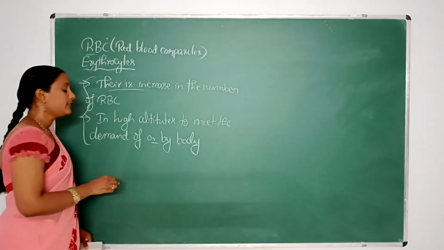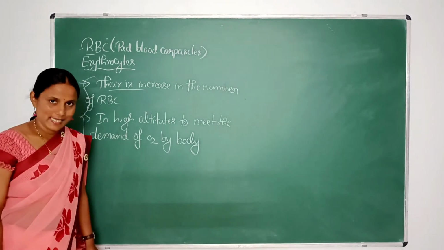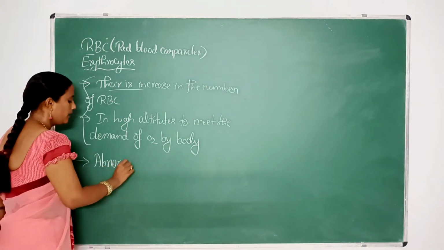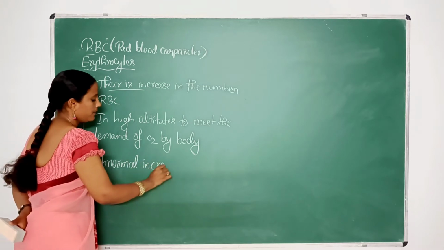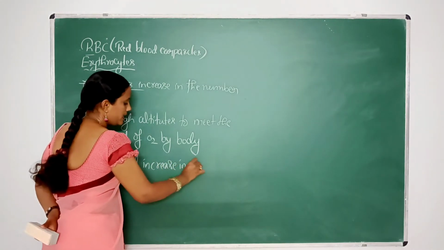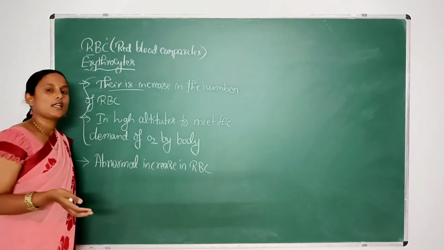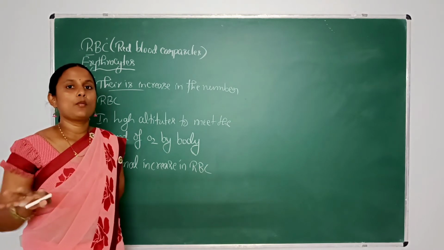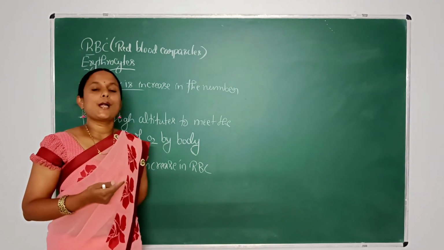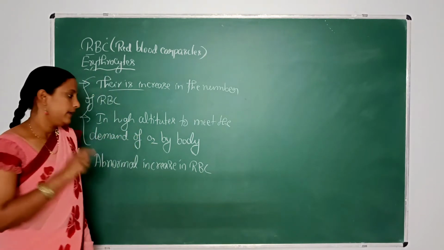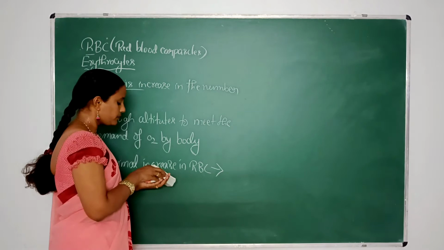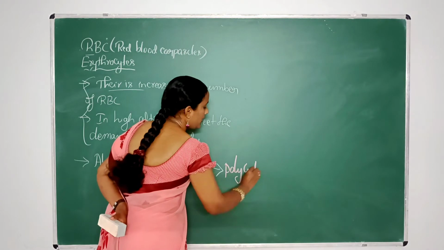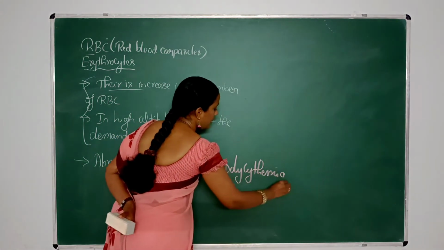But if there is an abnormal increase in RBCs, even when we are at rest, not at a high altitude, and in a normal condition, and our body still starts producing more RBCs, then the condition is called polycythemia. So this is a clinical condition.